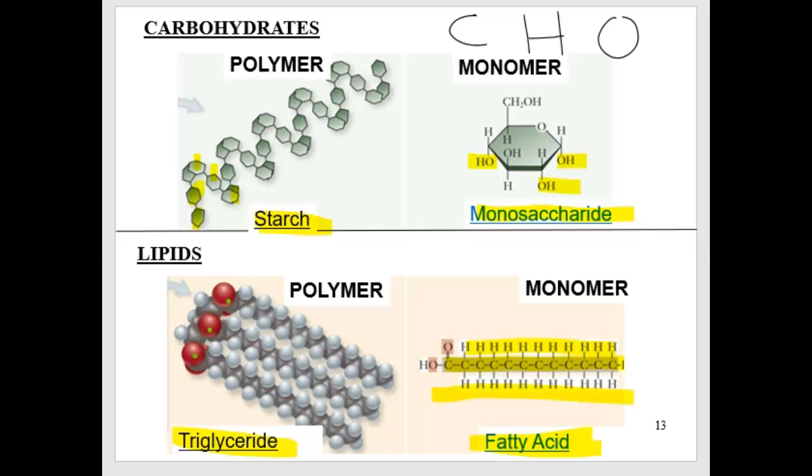This is what we call the repeating unit, because in a triglyceride there's 1 fatty acid, 2 fatty acids, 3 fatty acids. That's what the tri stands for. So the monomer is a fatty acid and the polymer is a triglyceride. All of these carbon-hydrogen bonds are nonpolar, so as you can imagine, a lipid like a triglyceride does not like water. It is hydrophobic.